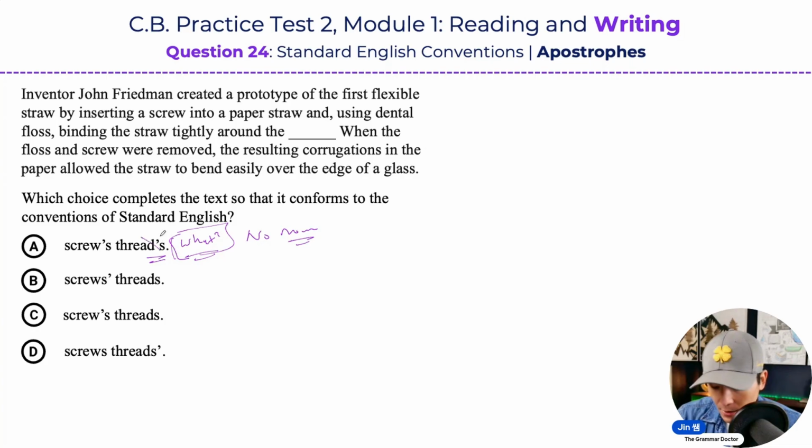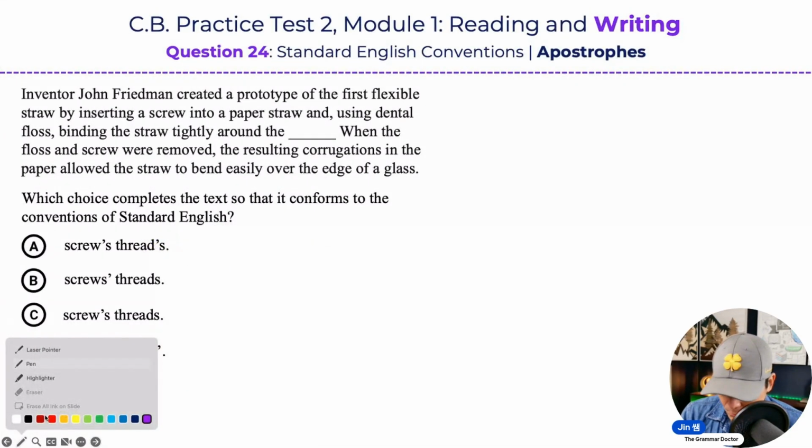So this is why you've got to cross it out. You can't have the apostrophe there. The word thread is not being used to show possession. So now I can automatically cross out answer choices A and D, because I don't want the apostrophe there. I want the plural noun form. Now that's the first thing.